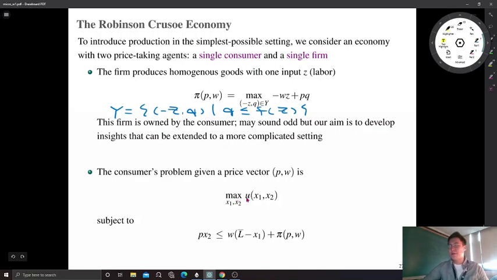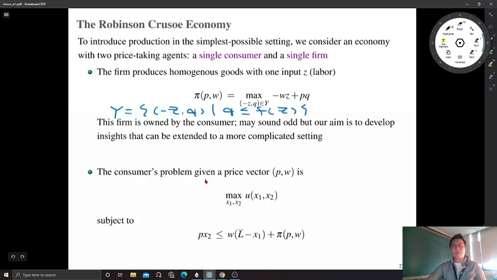And x2 stands for the good produced by the firm. In this economy, there is only one homogeneous good. And the consumer has to decide how to allocate his time between leisure and labor supply to the firm. Otherwise, the firm will stop because the firm uses only labor as an input, so there will be no production.